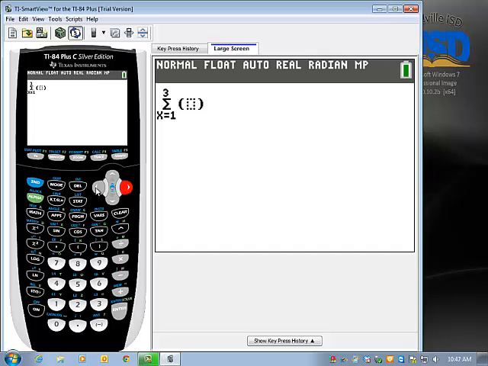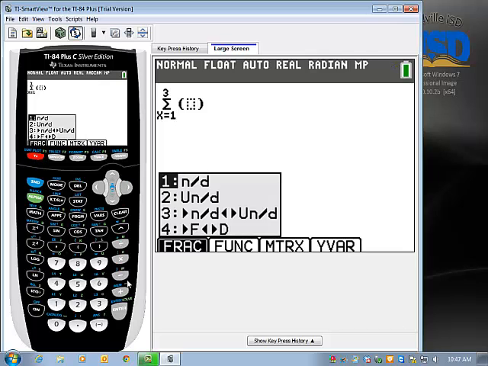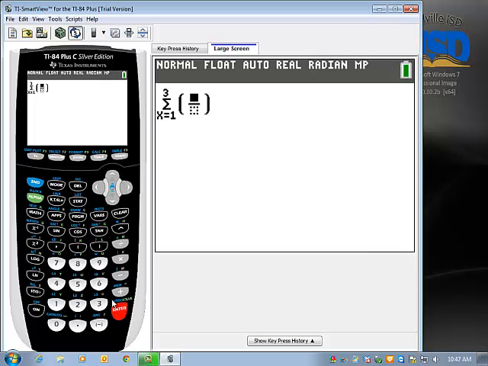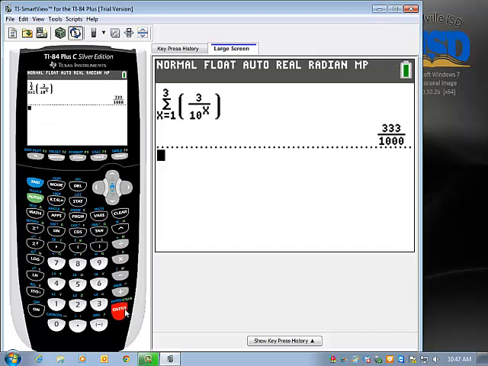And then our equation, we're going to have a fraction, so alpha y equals 3 over 10 raised to the i power, but our variable is x. Guess what you get? 333 over 1,000. So there's your answer.